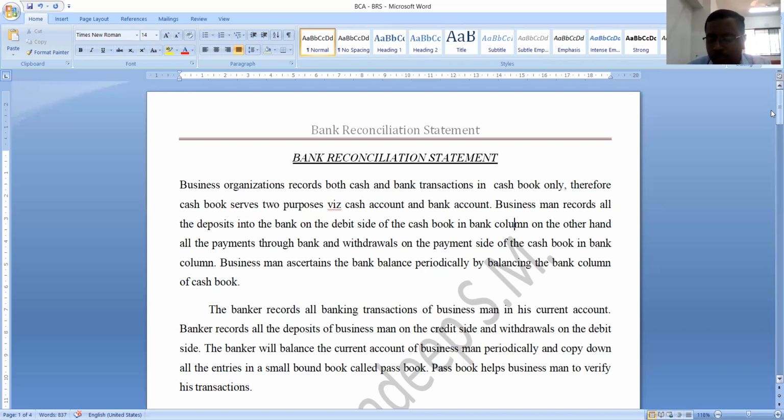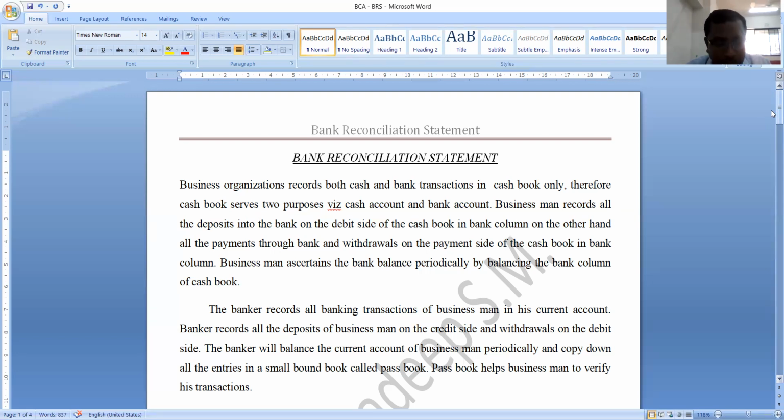What happens when the businessman takes a printout of the passbook, or when he compares the passbook balance and the cash book balance? He may not find the same figures. He will find different amounts in the cash book and the passbook.